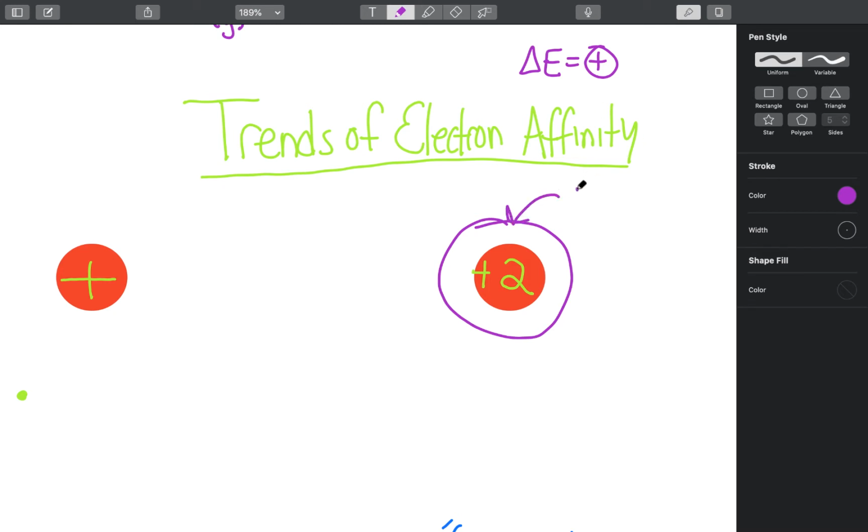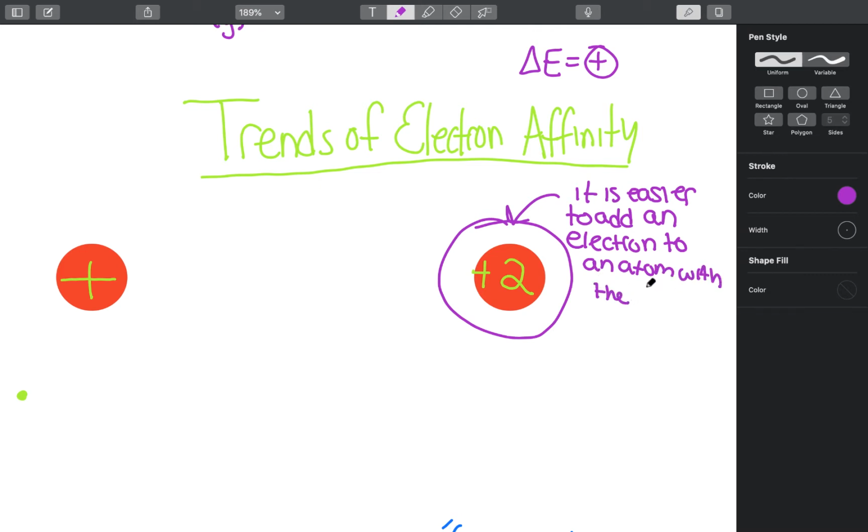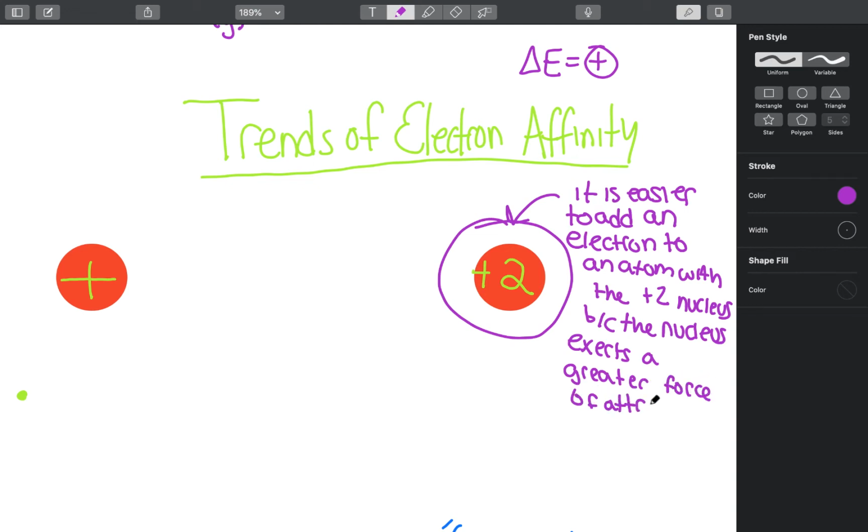So it is easier to add an electron to an atom with the positive 2 nucleus because the nucleus exerts a greater force of attraction on the electron.